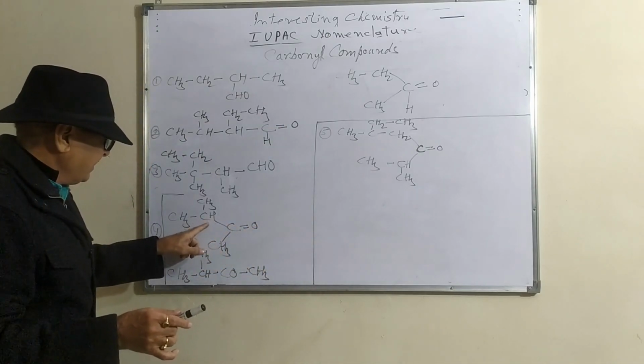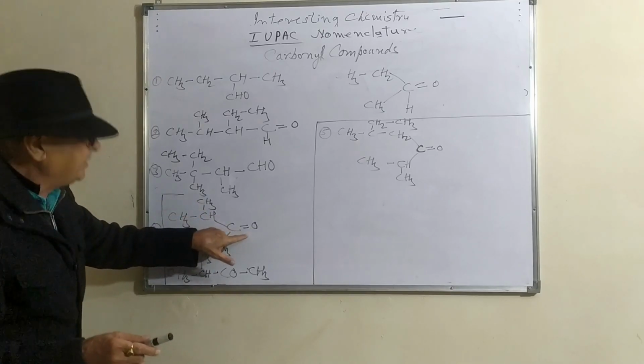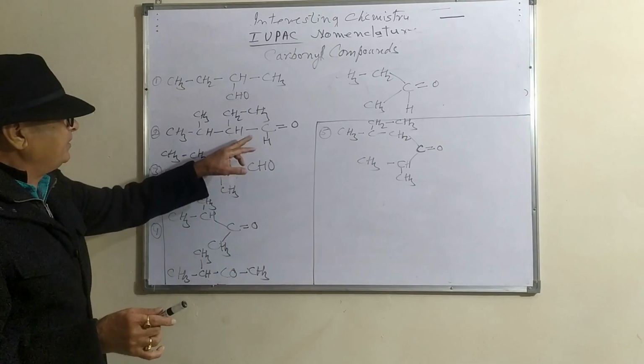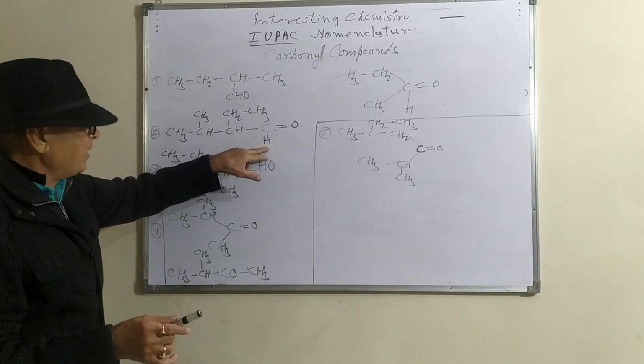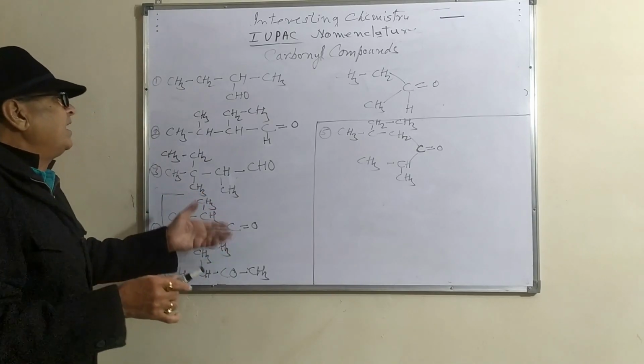When this carbon is attached with both alkyl groups, then it is a ketone. The only difference is the presence of hydrogen here, and the presence of a carbon group on the carbon.